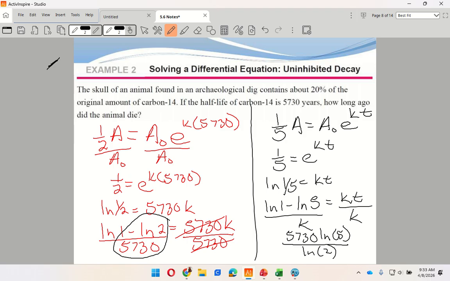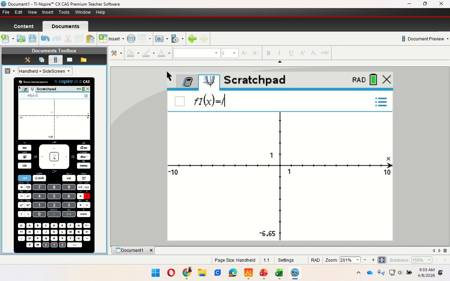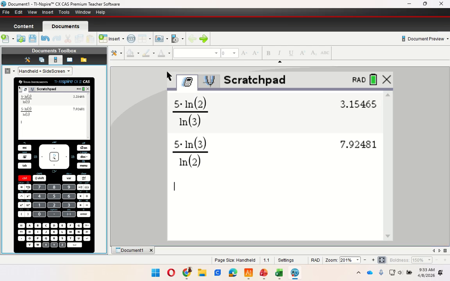Okay. So, how old is this creature? How long ago did it die? 13,304 years ago.